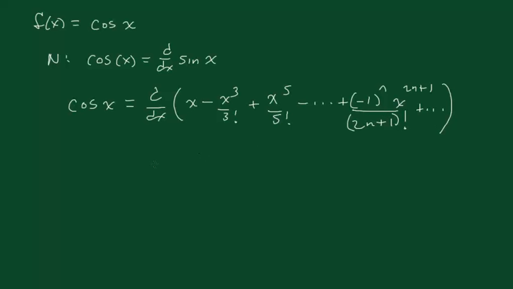You might notice that that looks a lot like the inverse tangent, except the inverse tangent does not have factorials. Let's see. So what I'm going to do is take the derivative term by term. So we have 1 minus, now this is going to be 3x squared over 3 factorial plus 5x to the 4th over 5 factorial minus ... I want you to see here that the 3 and a 3 factorial will cancel out a 3 and leave us with a 2 factorial.